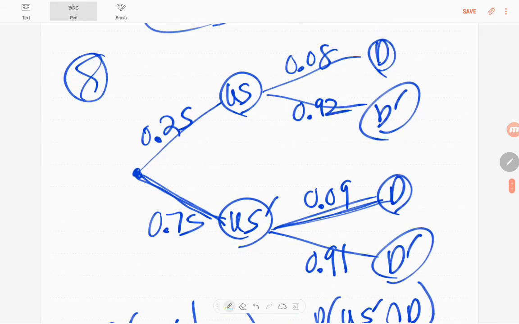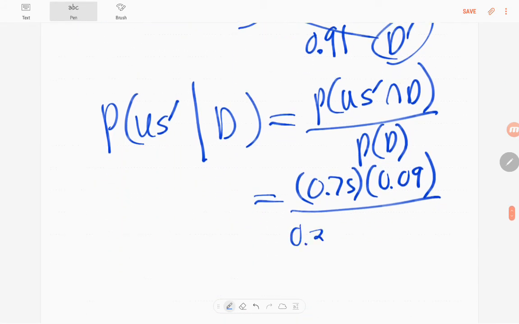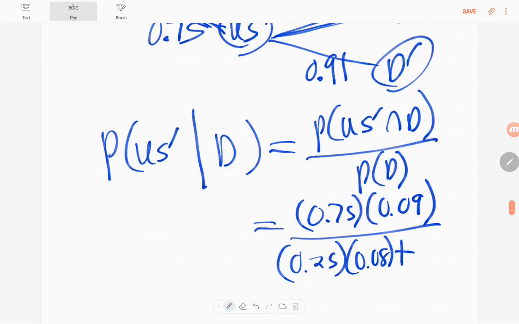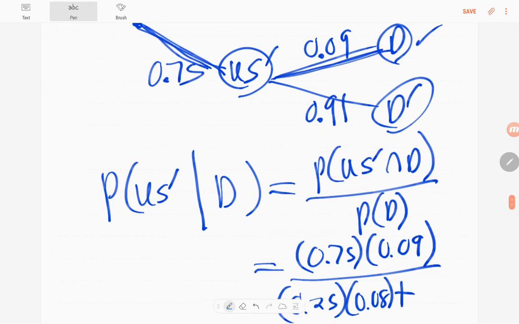Well, notice that there are two different ways for it to be defective. So you have to consider this path and also this path and add the two numbers together. So for the first one, it's 0.25 times 0.08. And for the second defective, it looks like 0.75 times 0.09.